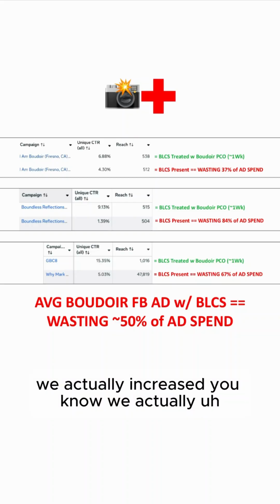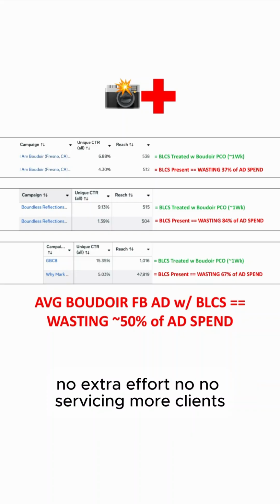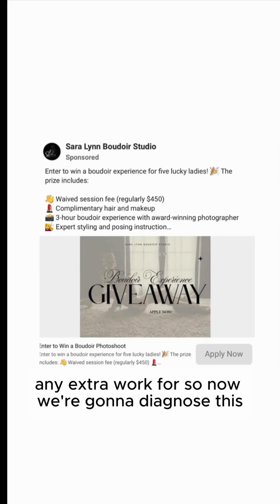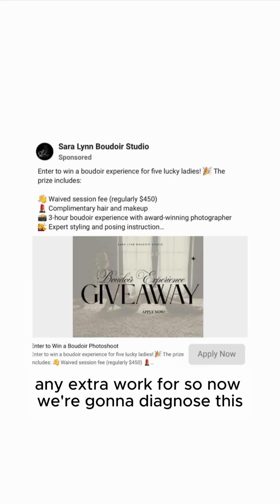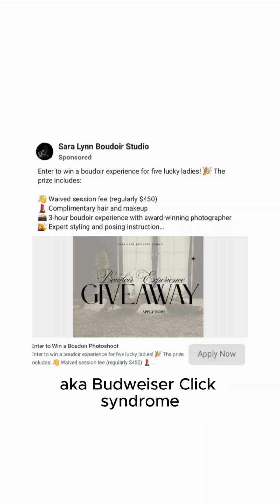At the end of the year, it's approximately a 60K profit. No extra work, no extra effort, no servicing more clients, no more fulfillment, just being more efficient. So now we're gonna diagnose this, see if we believe it has BLCS, aka Boudoir low click syndrome.